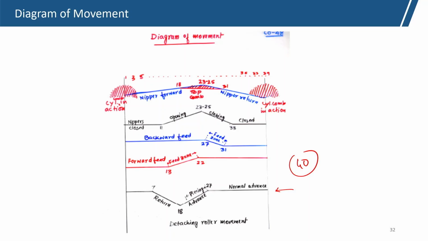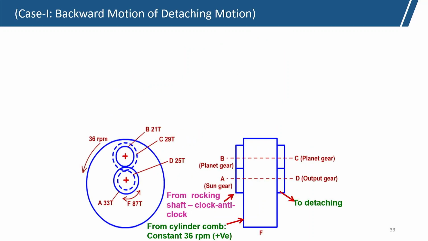Typically around 6 to 7 it starts returning, that is backward motion, and it ends around 16 to 18. Then it goes to fast forward advance, up to around 26, and then 26, 27, then normal movement. Here it is a normal forward movement, this one is the backward movement, and this one here is the fast forward motion. So, with this assumption, we will see.